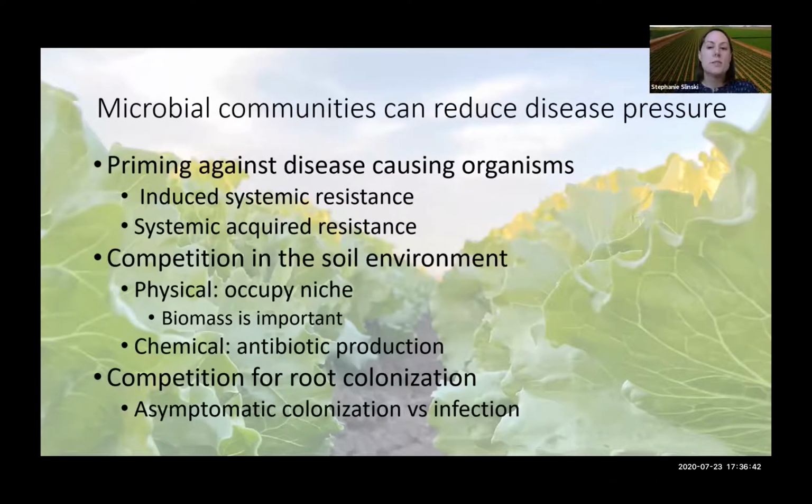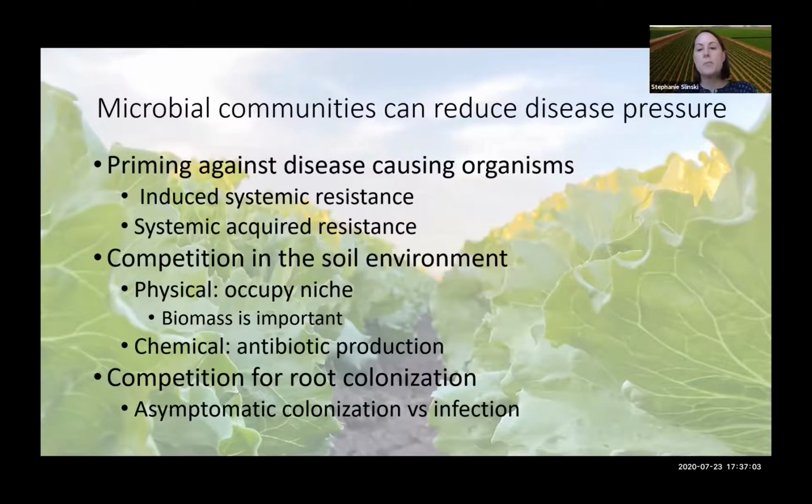Microbial communities in the soil can significantly reduce disease pressure. Some microbes can help build up the plant defenses by stimulating the plant to produce defense-related chemicals or physical defenses against the pathogen. But competition in the soil environment is a much more general method to suppress disease.